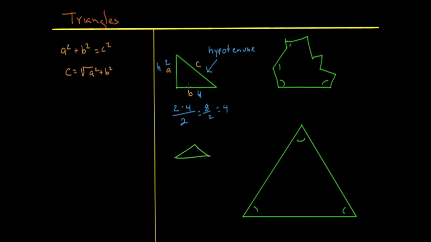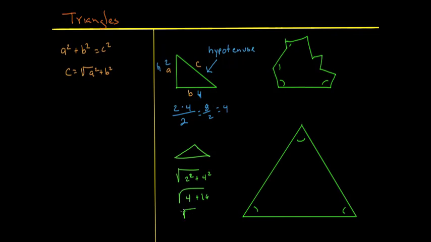We can also find the hypotenuse, or the length of this side, since we said that A was 2 and B was 4. We could say that C is going to equal the square root of 2 squared plus 4 squared. 2 squared is 4. 4 squared is 16.